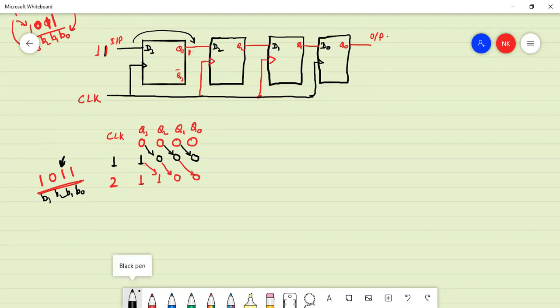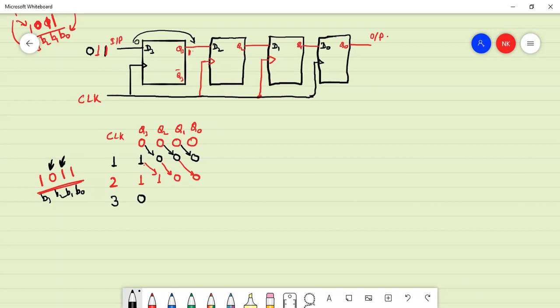Okay, next let us take the third T state. In the third T state, we will introduce B2 at the input, so B2 will come at the input of D3. When the third clock pulse comes, this input 0 will come to the output, that is Q3.